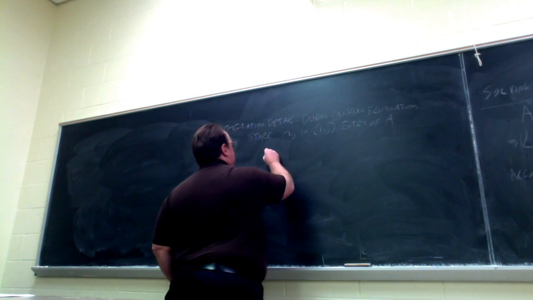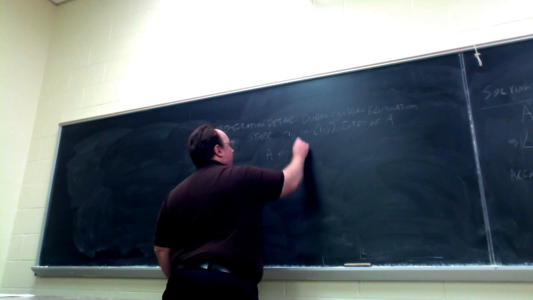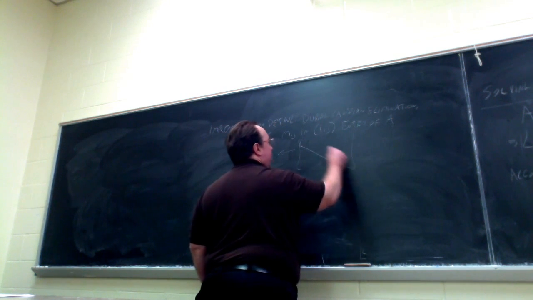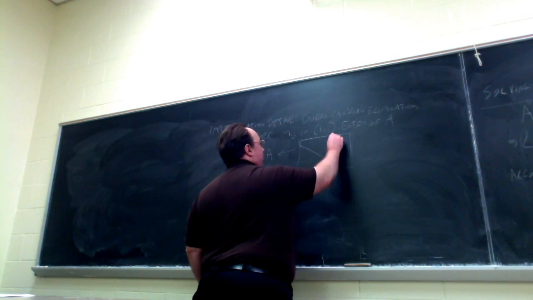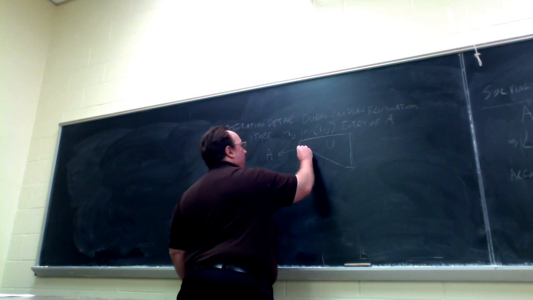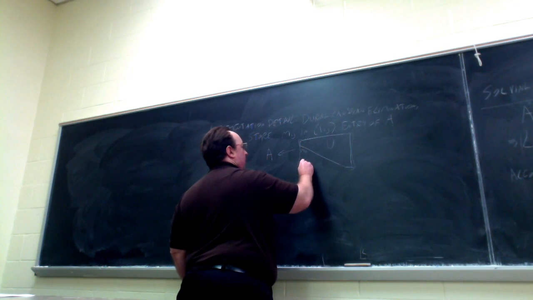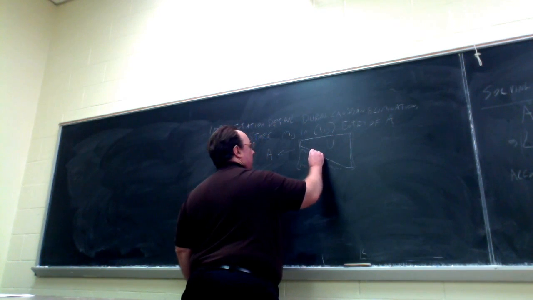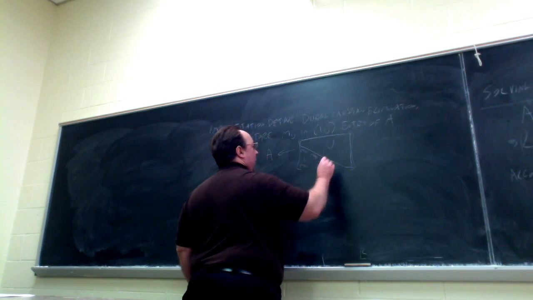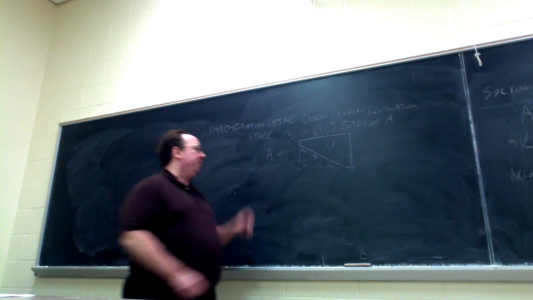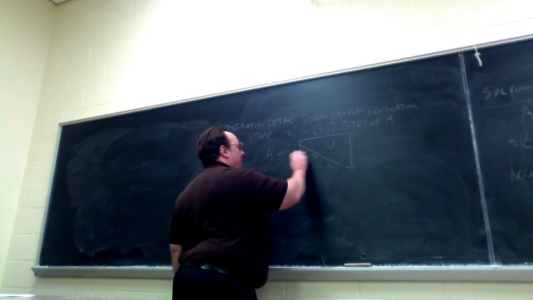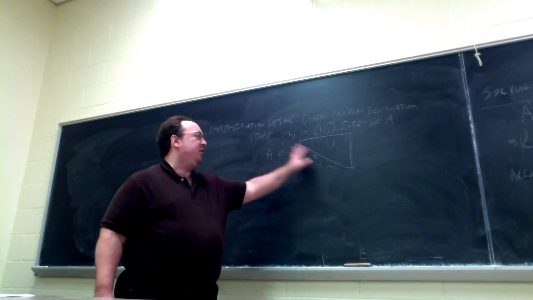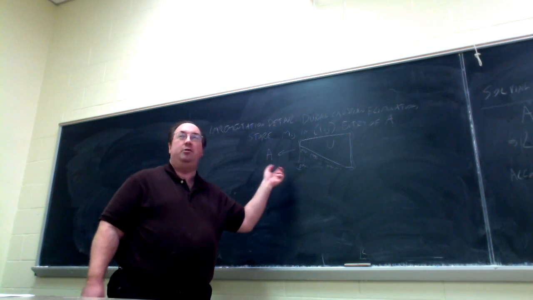So A gets overwritten with a matrix that, from the diagonal and above, is U, and then you have all of your multipliers stored below. In other words, the interesting part of L is stored below U, because that part's being zeroed out anyway. At least you have something useful to put there.